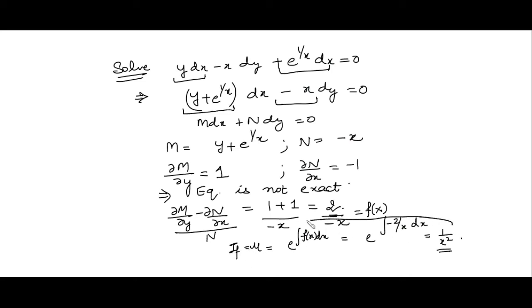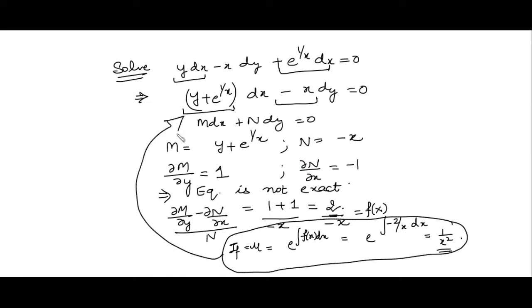Now multiply the given equation by 1 over x square and convert it into exact. When we multiply by 1 over x square on both sides, we get (y + e^(1/x)) over x square dx minus x upon x square dy is equal to 0. Now you can verify that your equation becomes exact.